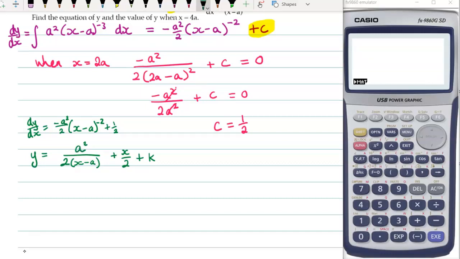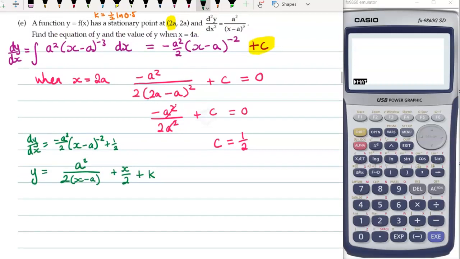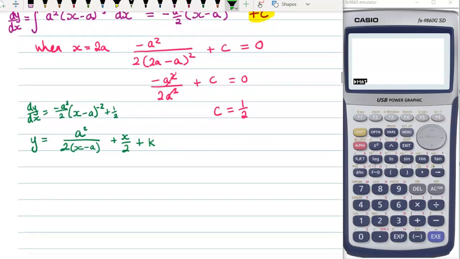Okay, now we are told that we've got this point on the curve here. When x is 2a, y is 2a, so we can use that to find our next missing constant just here. So we're going to put 2a in for both x and y. Okay, so we can cancel out the 2 there.